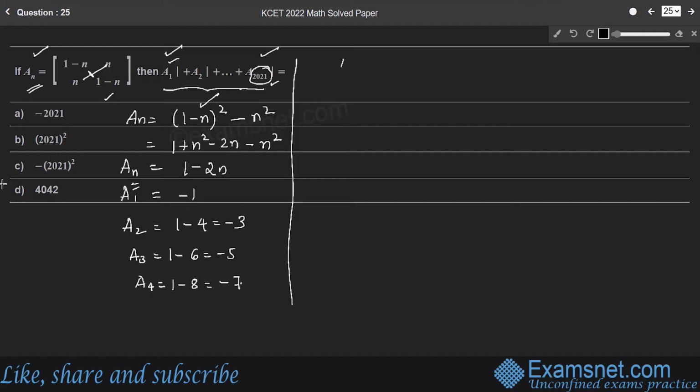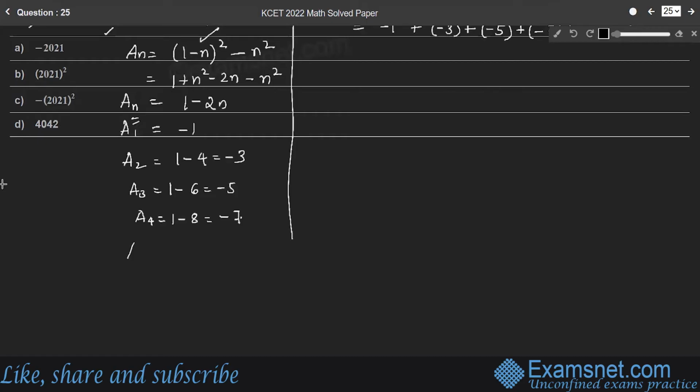the mod of A1 plus A2 plus A3, and so on up to A2021, is equal to A1 is minus 1, plus A2 is minus 3, plus A3 is minus 5, A4 is minus 7, and so on up to A2021. We'll consider A2021 also, right?